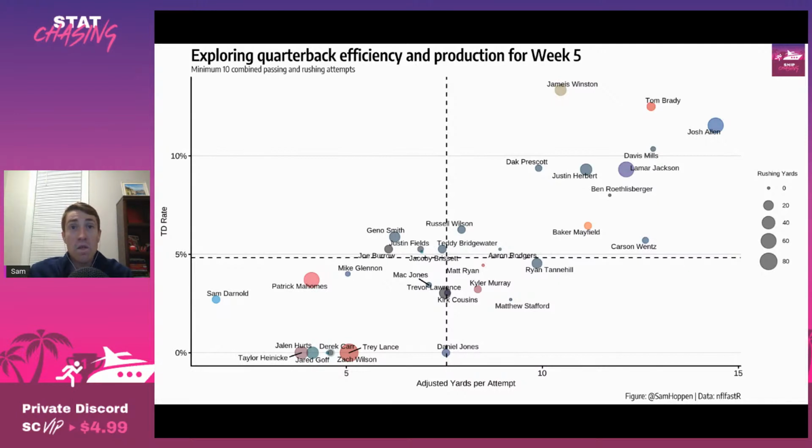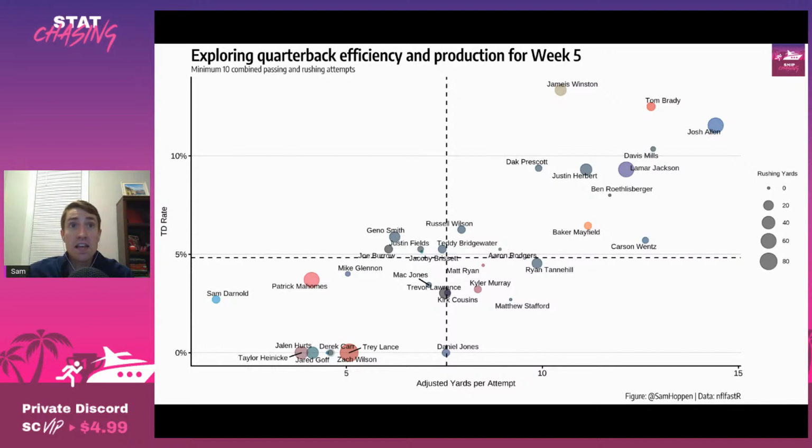So the other thing is that he's only run the ball 9 times total in each of the last 3 weeks. He's run it 3 times in each of the last 3 games. And that was supposed to be one of his big calling cards and could have really unlocked his value like it has for Trey Lance. And he's just not rushing the ball as much as we would have hoped.